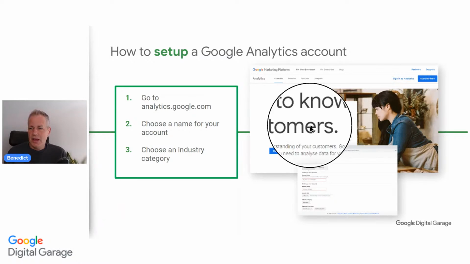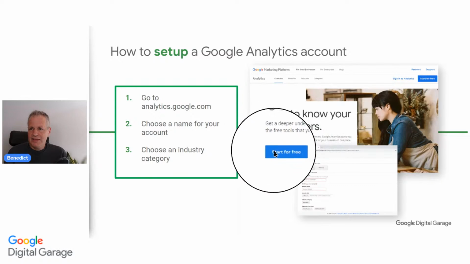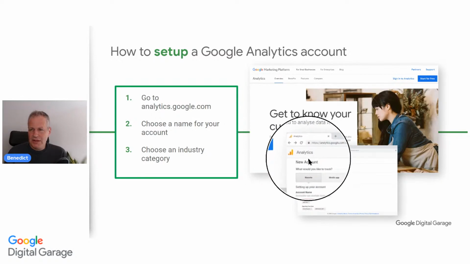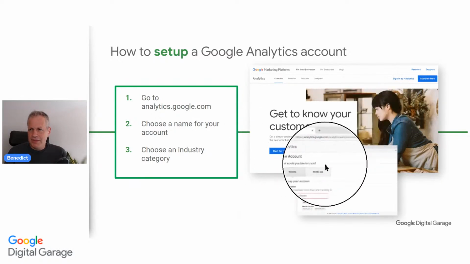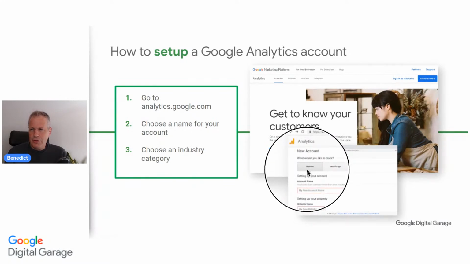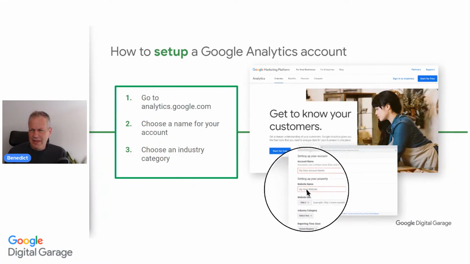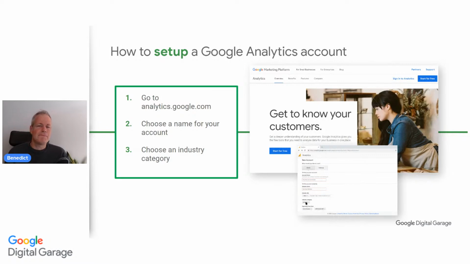All right. So you can see here, start for free. That's what you're faced with, different pictures over there. And then you go through new account. And then you go through all this process. Yes, sometimes industry category can be complicated because there are a limited number of industry categories, but you have to fit yourself into one of those.